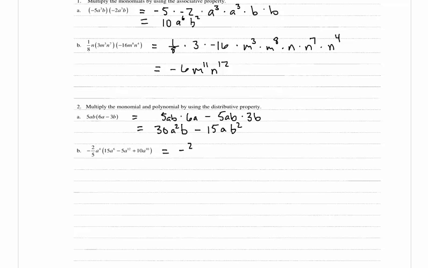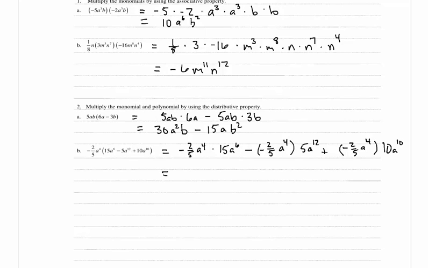So we're going to have negative 2/5 a to the 4th times 15a to the 6th minus negative 2/5 a to the 4th times 5a to the 12th plus negative 2/5 a to the 4th times 10a to the 10th.